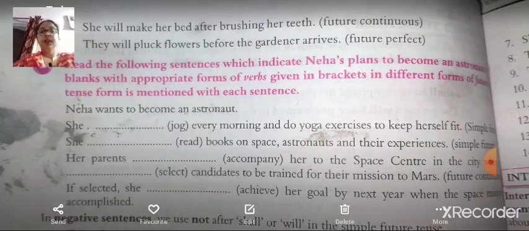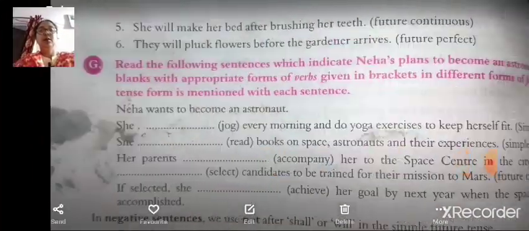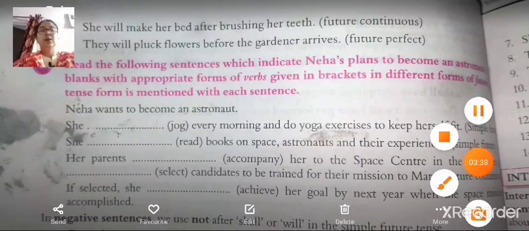Now we are moving to next. They will pluck flowers before the gardener arrives. That we are going to write in the future perfect tense. So start writing.